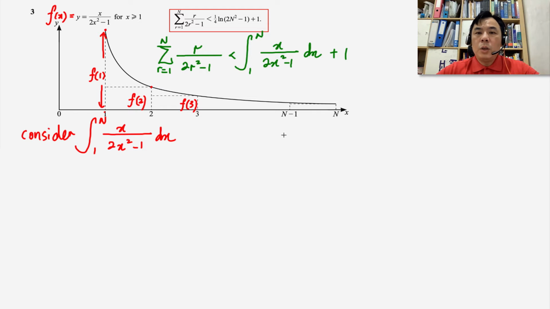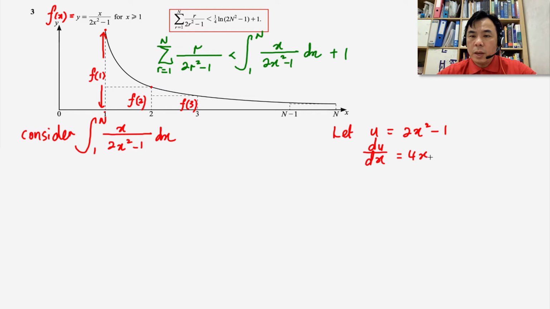All right, I'm going to put the setup at the side here. Let u equal 2x squared minus 1. Then du/dx would be 4x. From here, you will notice that if I arrange the x and dx together, x dx must be a quarter of du. Anyway, this setup is entirely up to your liking.